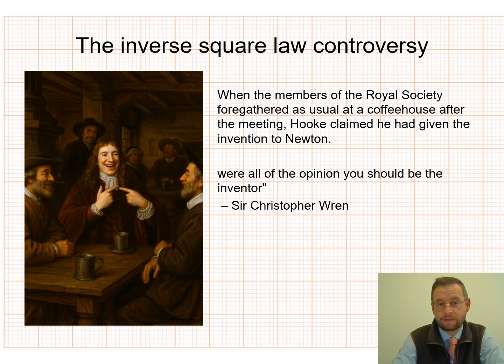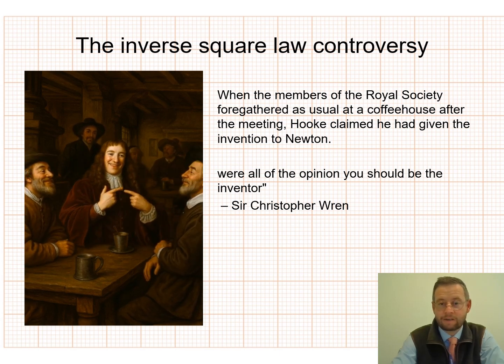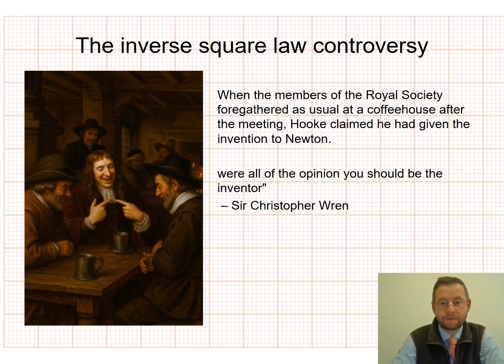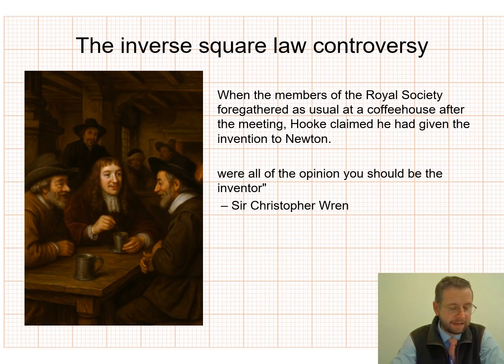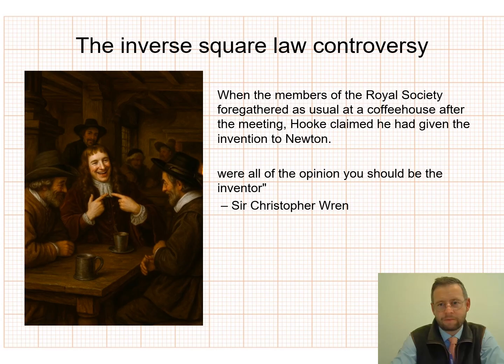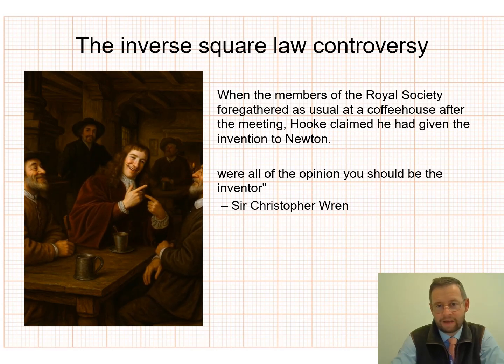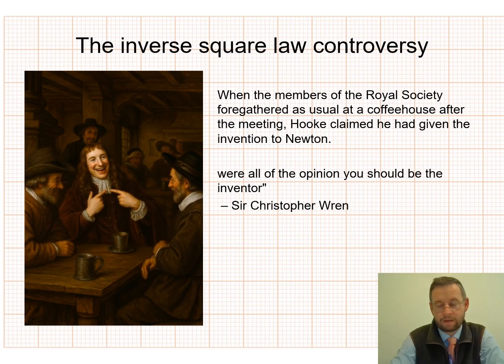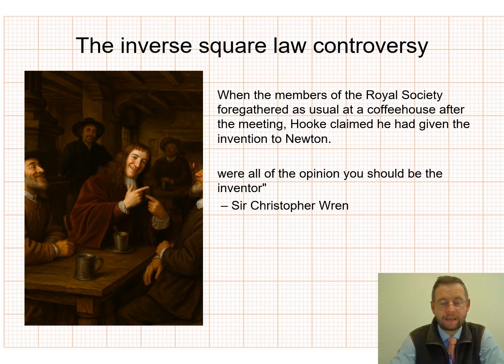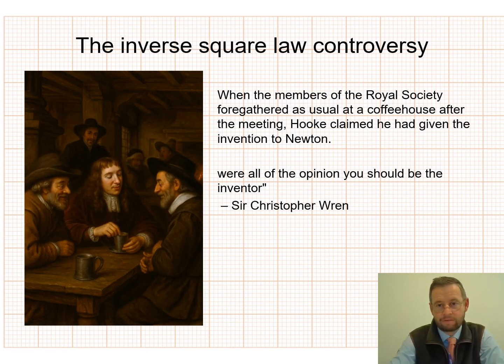They all knew that it was his invention. Sir Christopher Wren, who designed St. Paul's Cathedral, as well as much of London after it burned down after the Great Fire of London, didn't believe Robert Hooke and actually challenged him at the coffee house and said, we were all of the opinion that you, as in Isaac Newton, should be the inventor. So they shot down Robert Hooke.